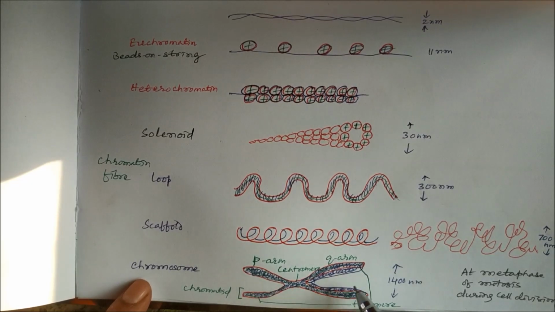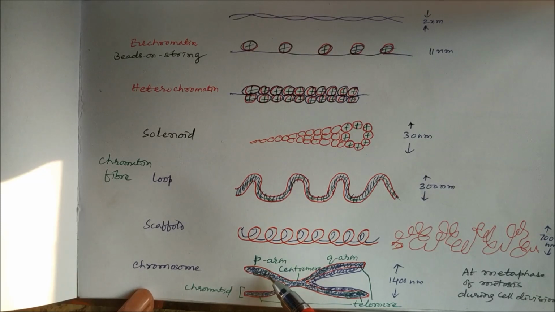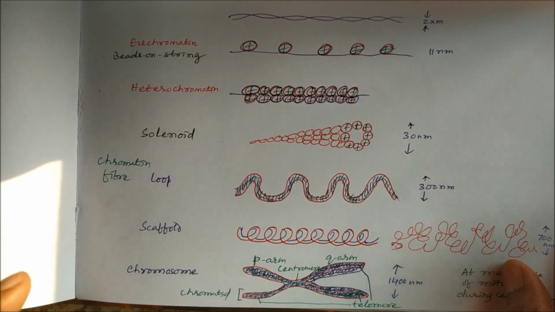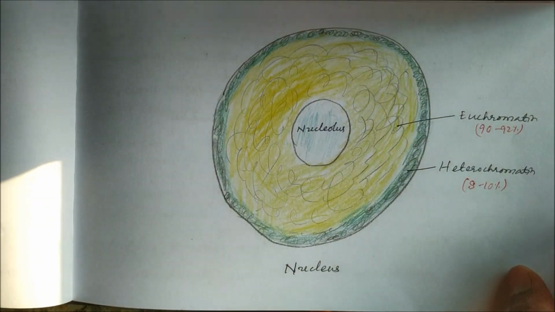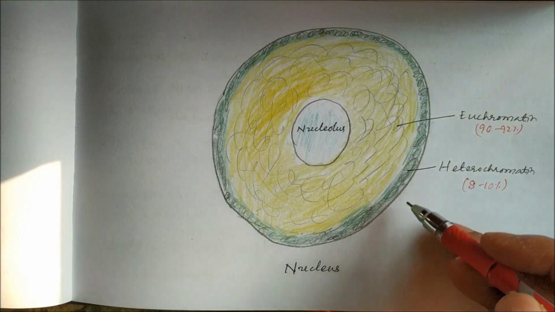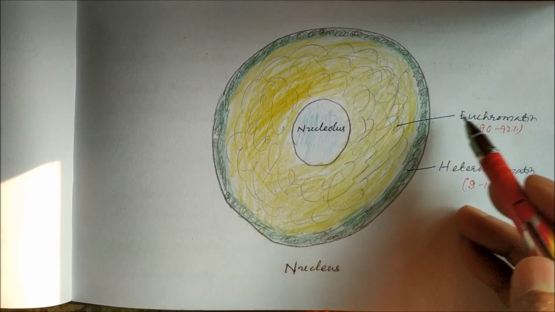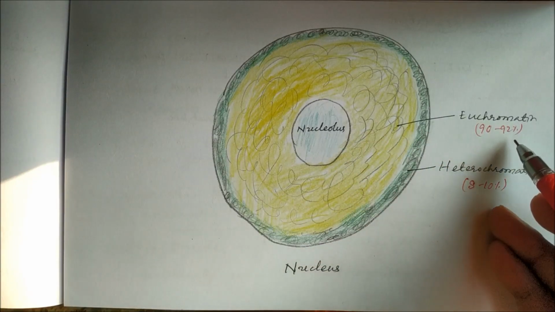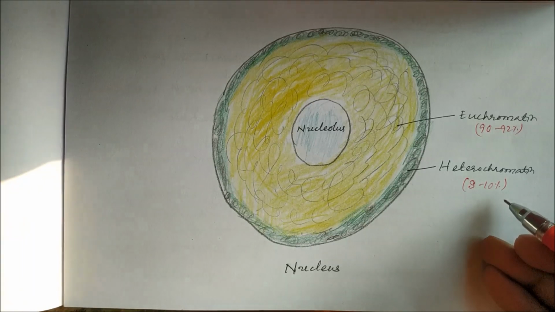This is the structure of a chromosome with two chromatids, and the smaller arm is the P arm and the longer arm is the Q arm. And you can see how they are located in the nucleus. In the periphery, the heterochromatin is there, and centrally the euchromatin, which is 90 to 92%, is located, and heterochromatin is 8 to 10%.